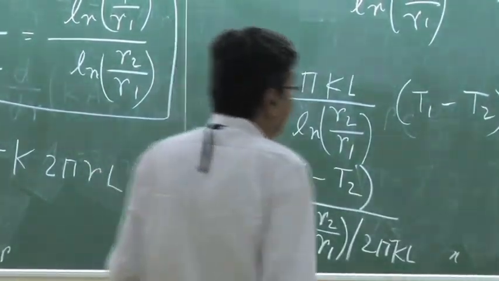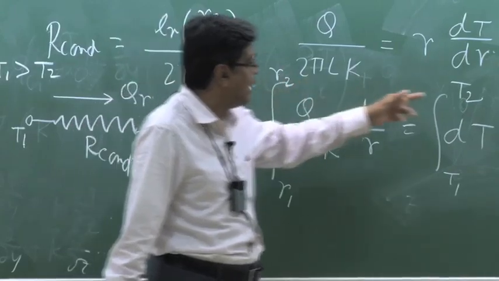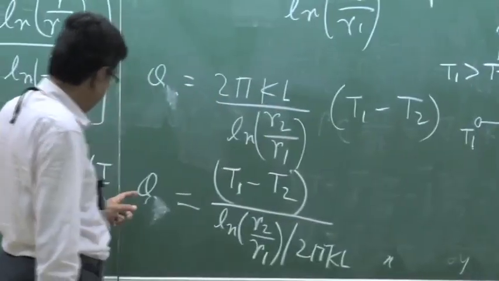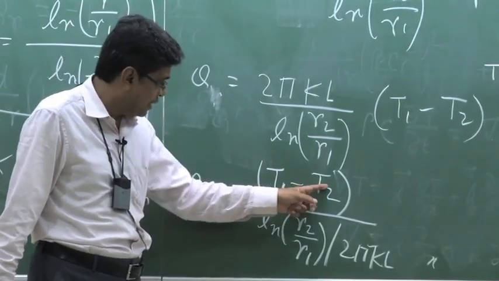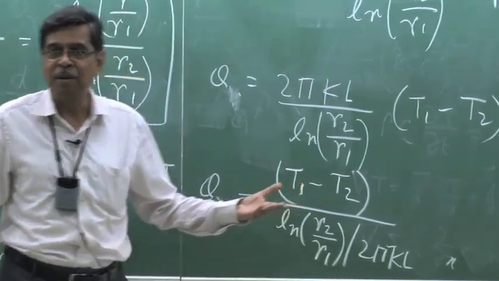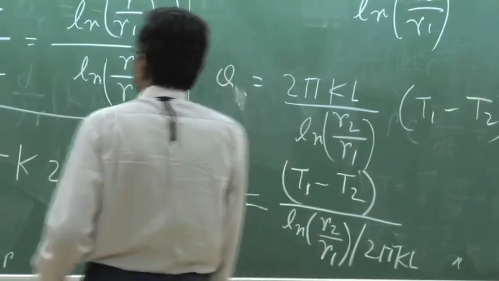Very good. Then you can take an arbitrary R, not R2, the outer radius, and take the temperature there as T. Then you get an equation for Q in terms of T1 minus T, and here it will be ln R by R1. It becomes a simple problem: divide one by another and you get the expression like this.